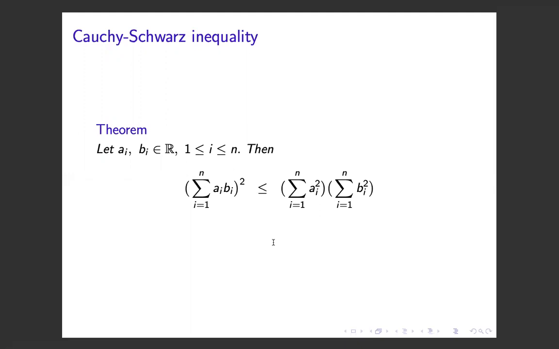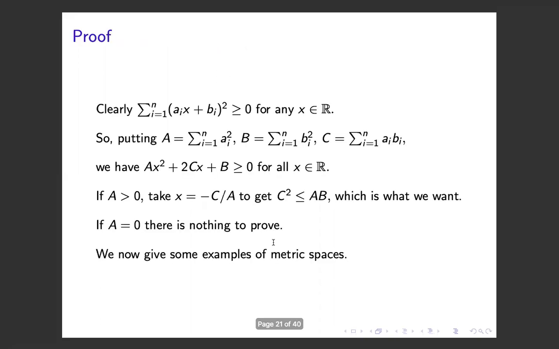And I think many of you would have seen this Cauchy-Schwarz inequality and its proof, even with complex AIs and BIs. For example, I think it is proved in Rudin and also in Apostol's analysis. Even this proof which I am giving, many of you would have seen.